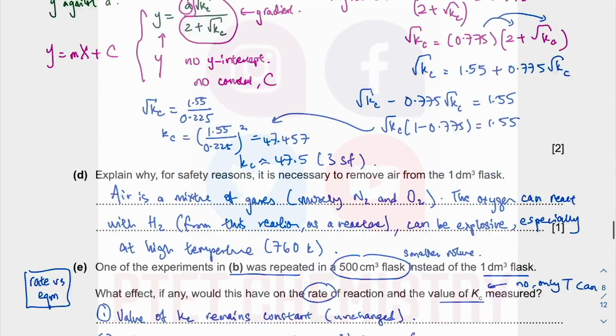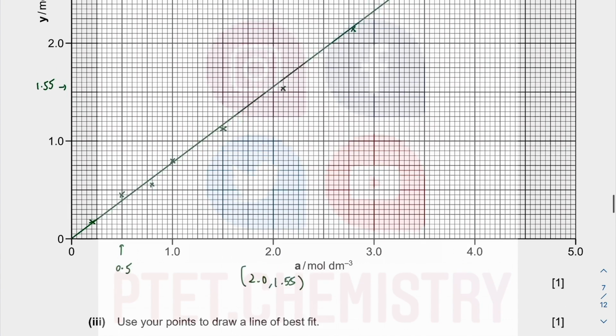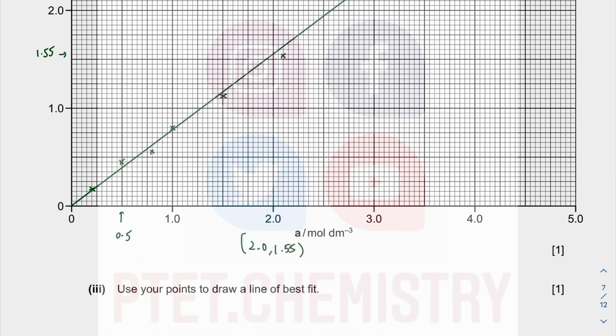So our gradient is a ratio of the product and the reactants. That tells us that the gradient is slightly less steep, because we will have less of the product compared to the reactant, because the value of Kc would have decreased.